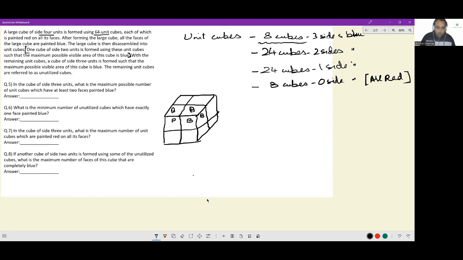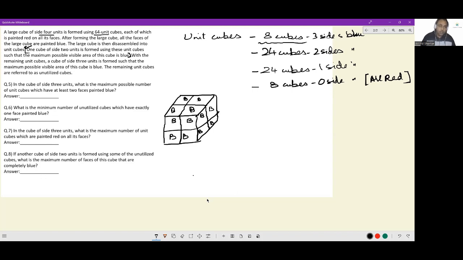Similarly here, blue, blue. The other side, which is not visible in the diagram, there too all the 8 cubes will be placed together, and you will have an entire cube of side 2 with the entire visible area being blue in order to fulfill this instruction. With the remaining unit cubes, 56 cubes are left.